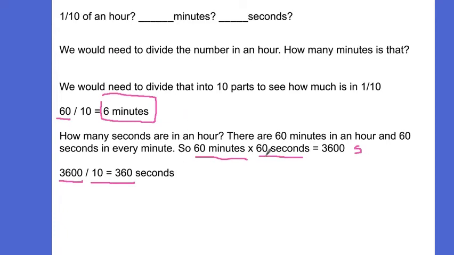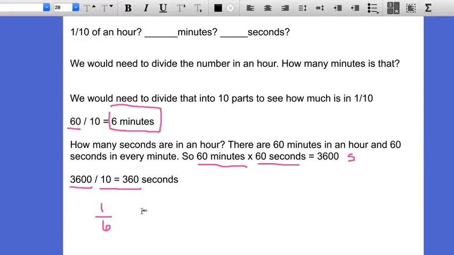So for example, if we looked at downhill skiing, it is 1/6 of an hour. Well, we could figure that one out pretty easily as well. We would just say to ourselves, well, we want to divide the hour into 6 parts.